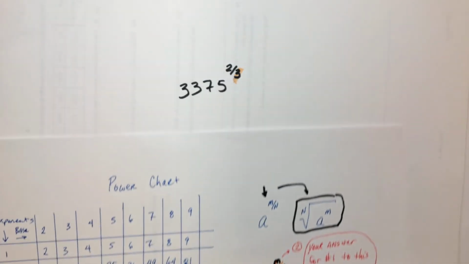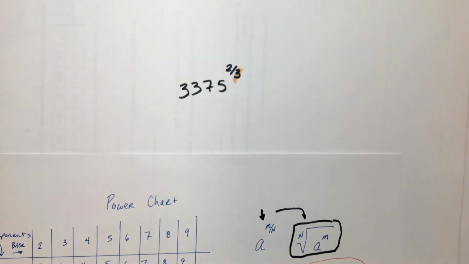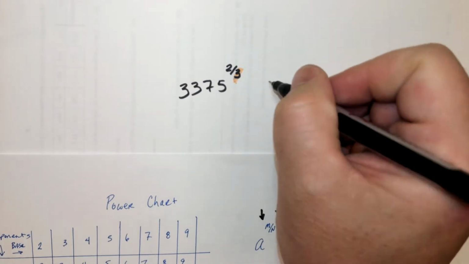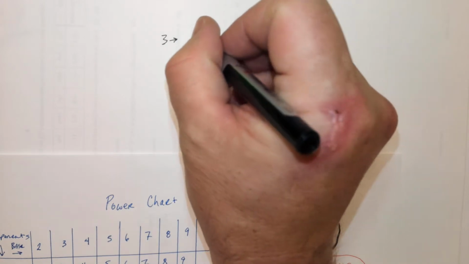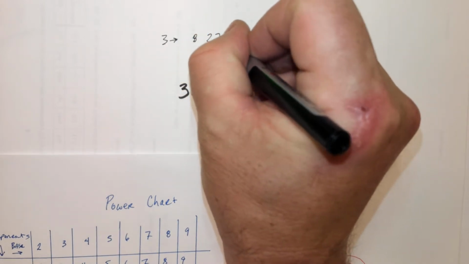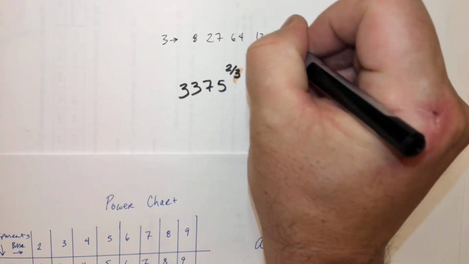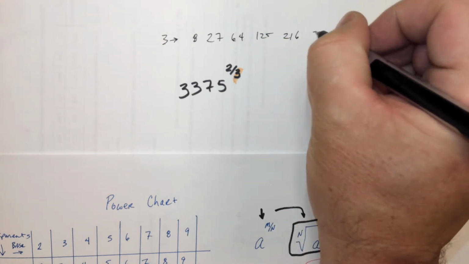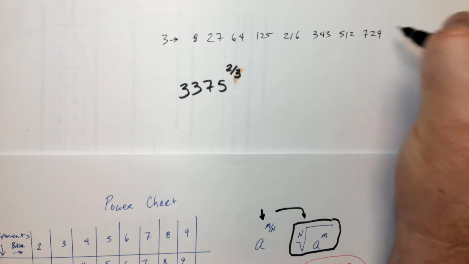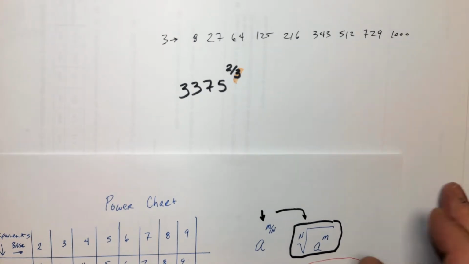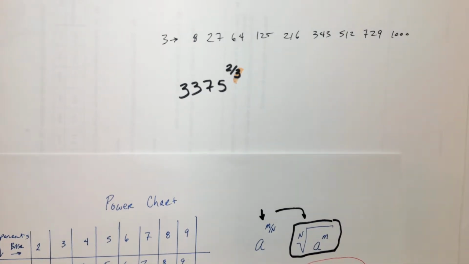Okay, I'm gonna write these powers down right here for us. So powers of 3 are 8, 27, 64. Those are the powers of 3 right there, right?